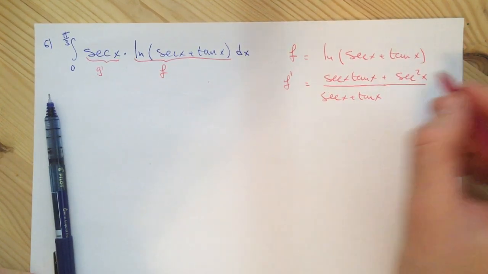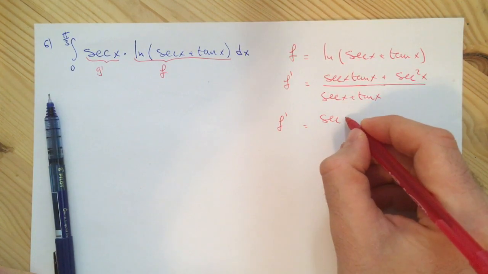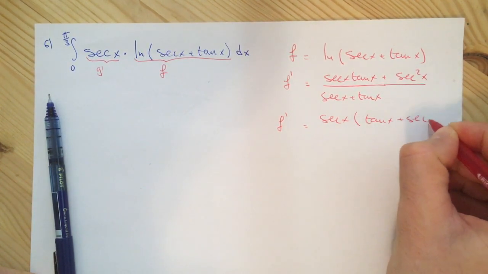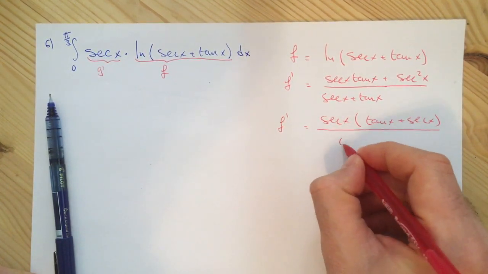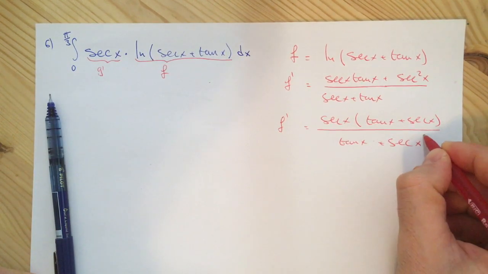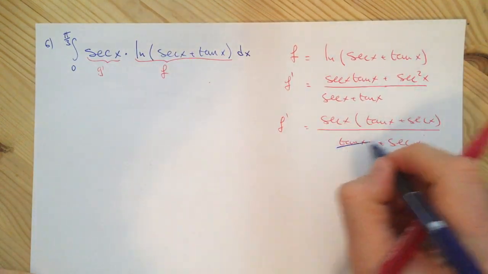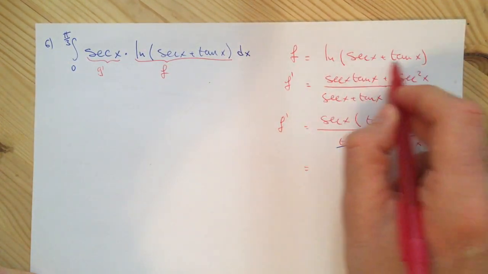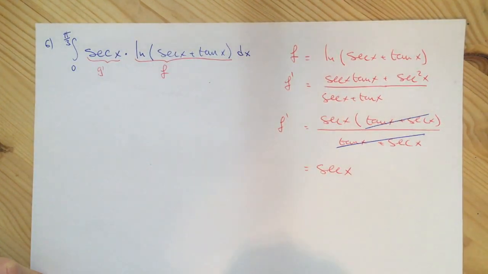And now if you want to simplify this, f prime would be secant x times tangent x plus secant x over the same expression here, tangent x plus secant x. But now these two terms can be cancelled, and what do we get? We get that the derivative of this expression is just secant of x.